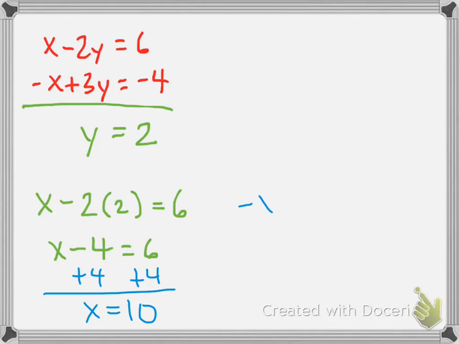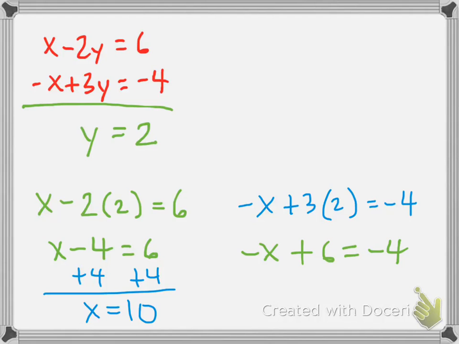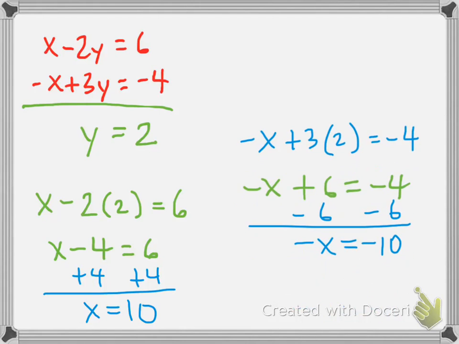And also, if you plugged it into the second equation, you should get the same answer for x. Notice that the x value is the same. We still end up with x equals 10.